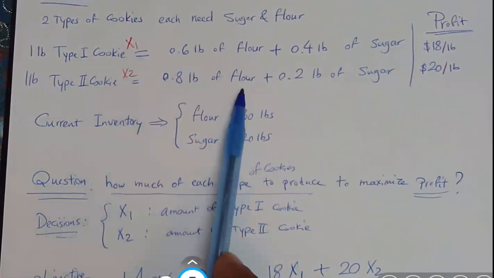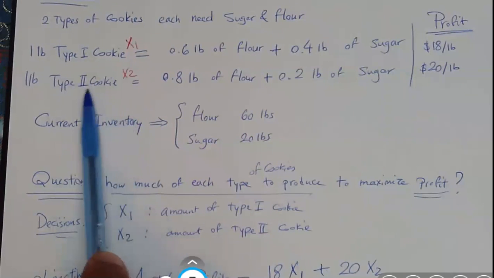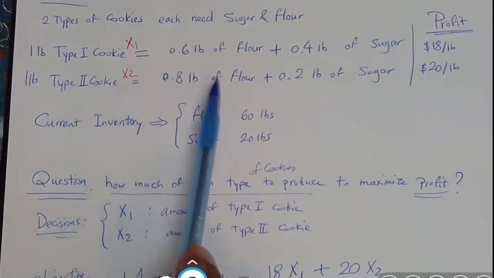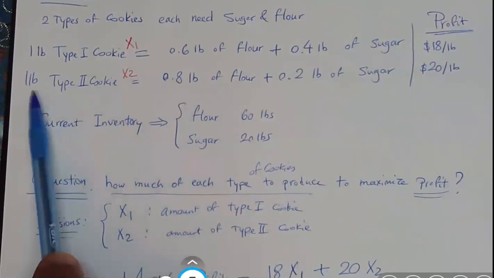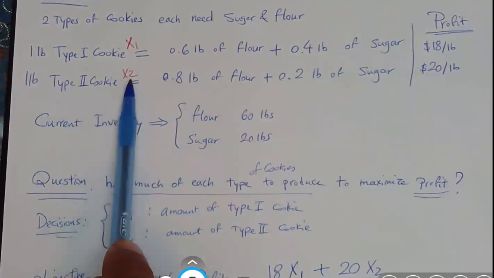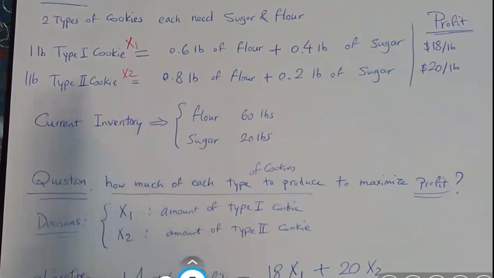How much flour do I need for baking x2 pounds of type 2 cookies? 0.8 flour per 1 pound of type 2 cookies. But now that I'm making x2 pounds, I just need to multiply 0.8 by x2.